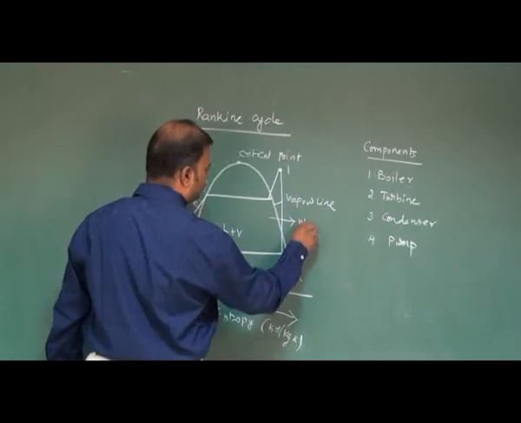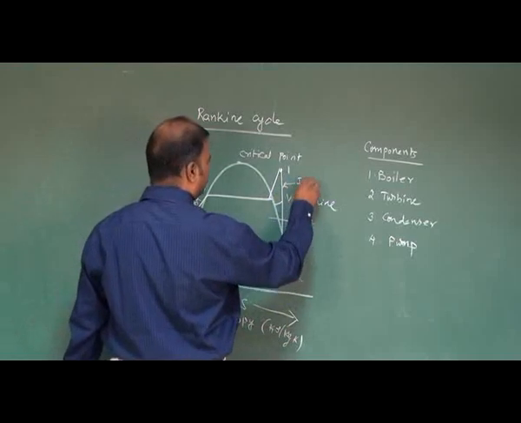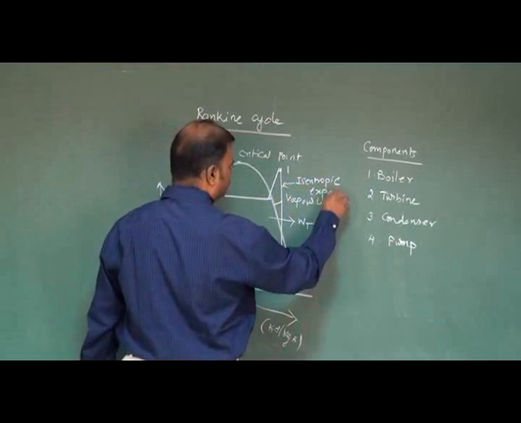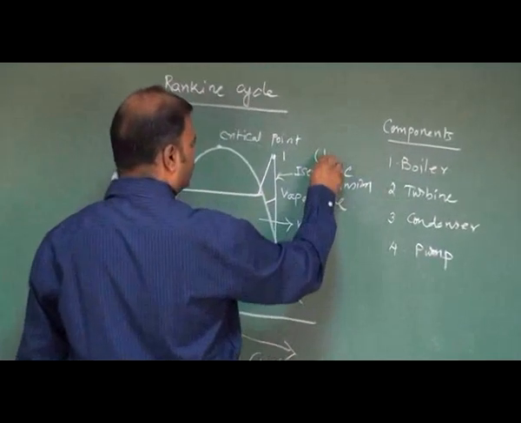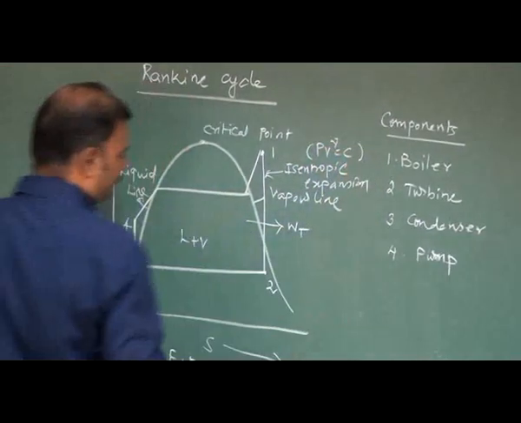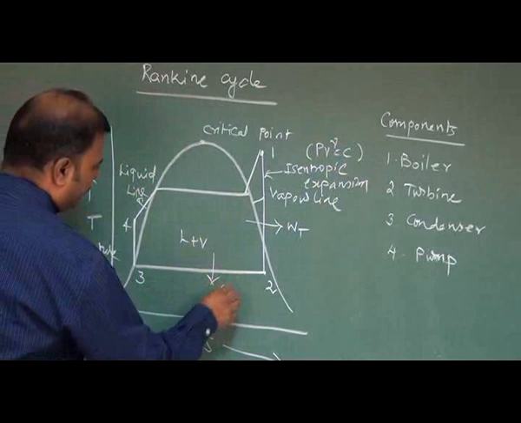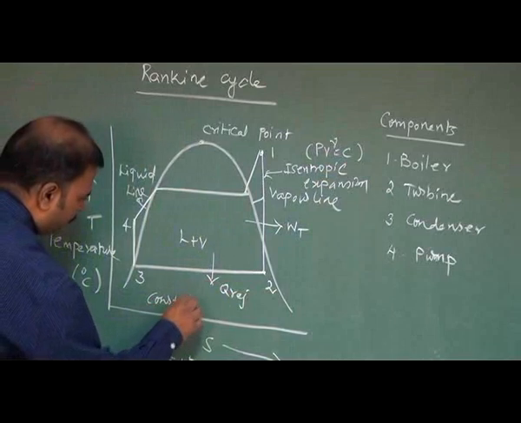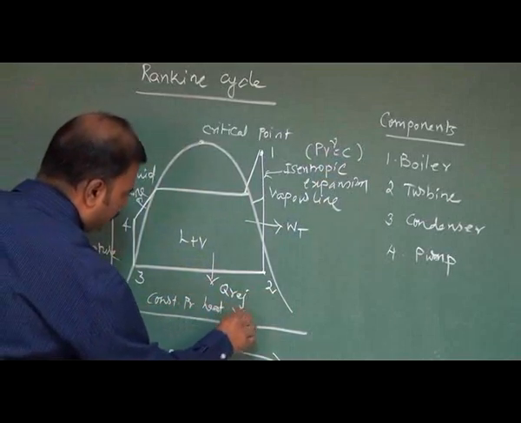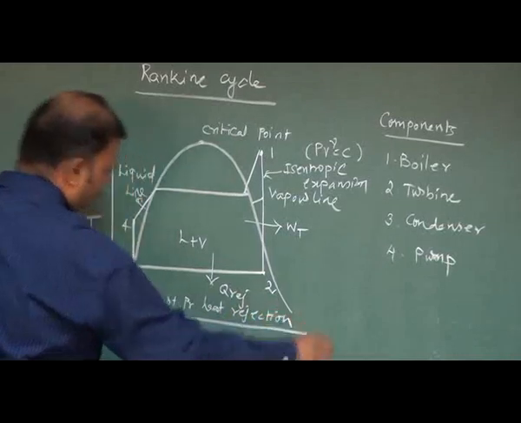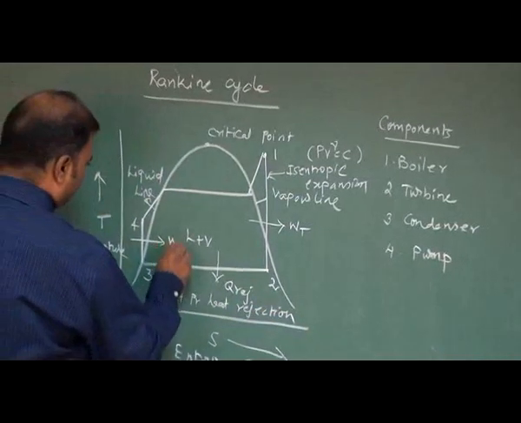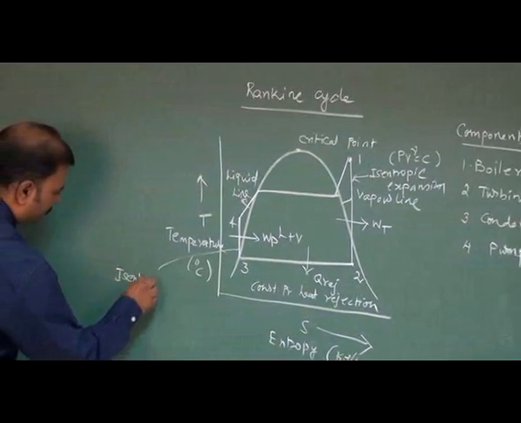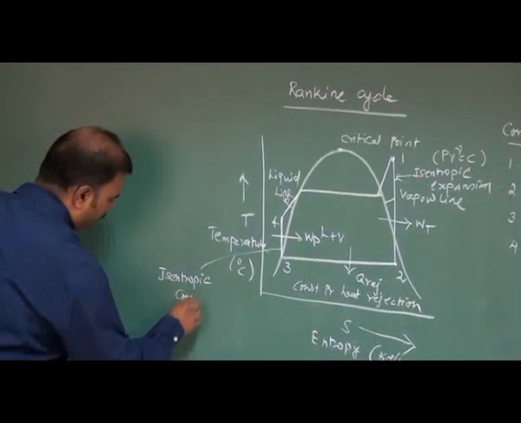So 1 to 2 is WT. This is isentropic expansion. Normally for an isentropic process, PV^gamma equals constant. The 2 to 3 is heat rejection, which is constant pressure heat rejection, and 3 to 4 is the pump, which is isentropic compression.